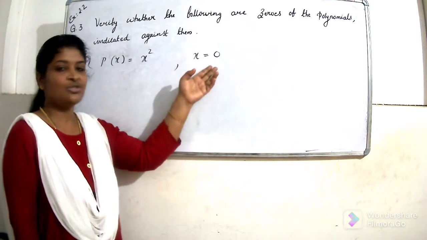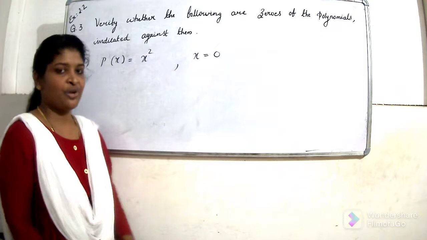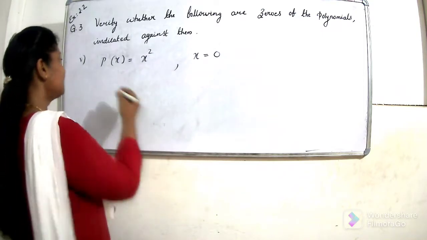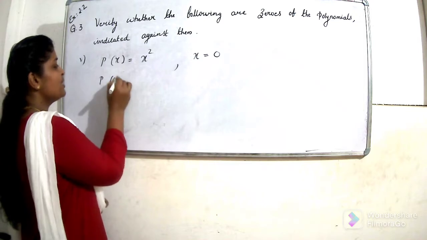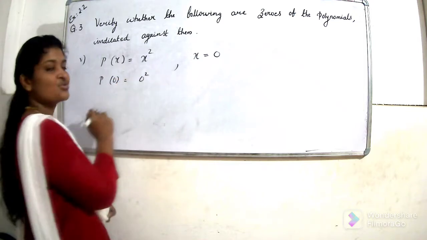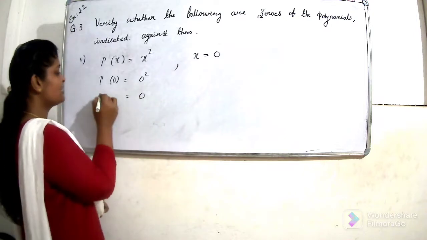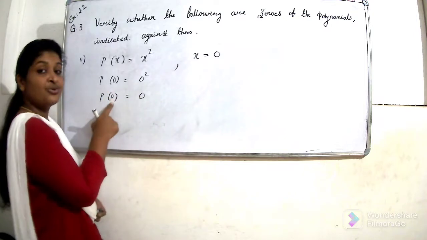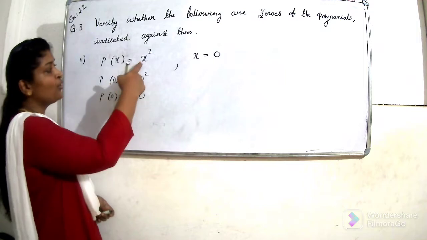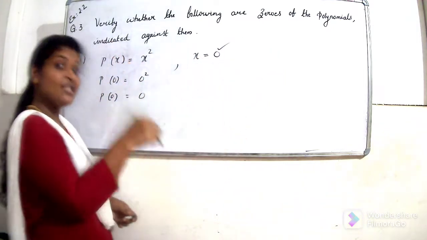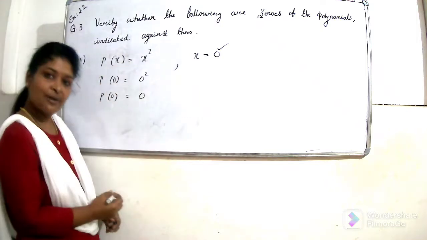Now is that true or false? That's what we have to check. Very easy question. Why? Because here it is a monomial only. So p of 0 equal to 0 square. 0 square we know is 0. So we can say when we substituted the value 0, the polynomial turns into 0. So definitely 0 is the zero of this particular polynomial.